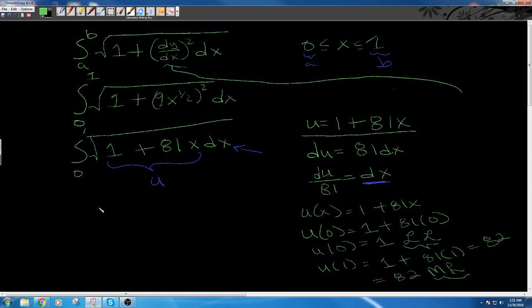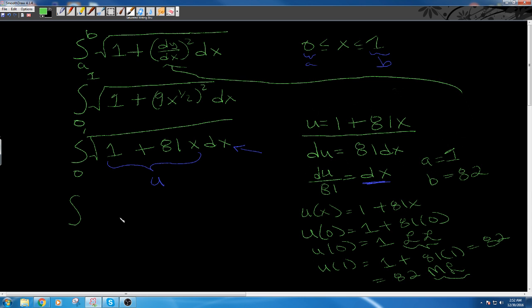So now we're going to rewrite this with our new limits, because now we have 1 and 82. So now a is going to equal 1, and b is going to equal 82 because we updated our limits.